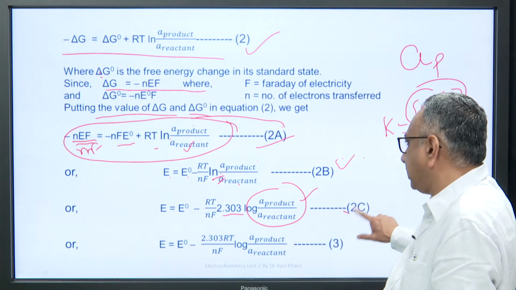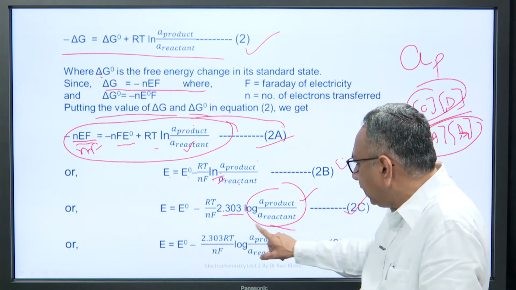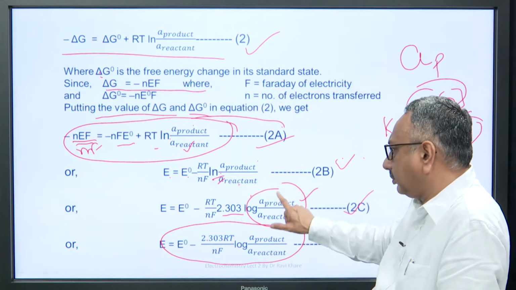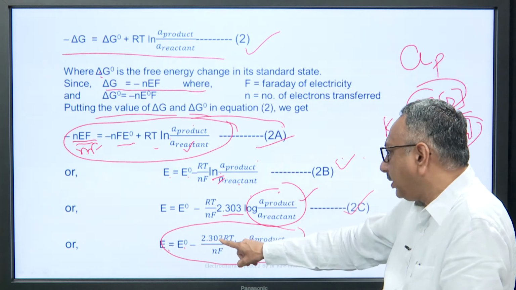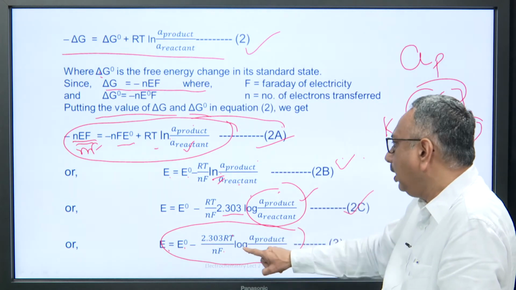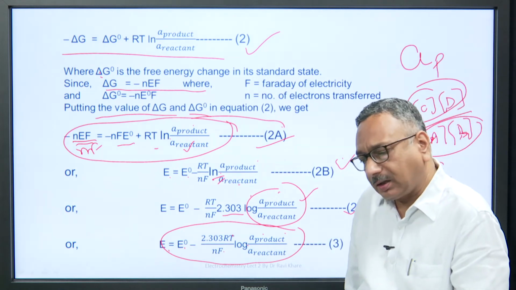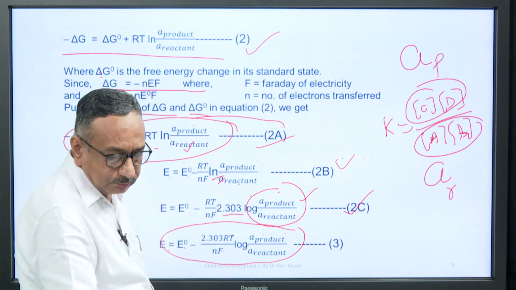This is equation number 2c. You can also write the equation in this simple form: E is equal to E 0 minus 2.303 RT upon nF log of activity of product upon activity of reactant.